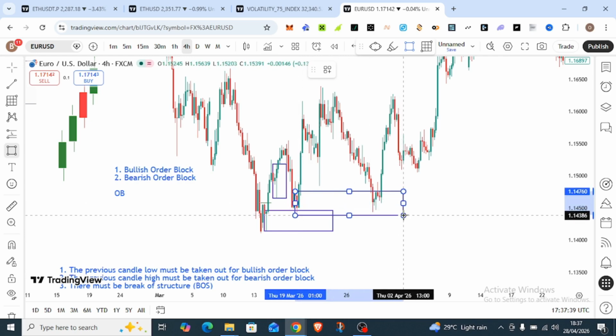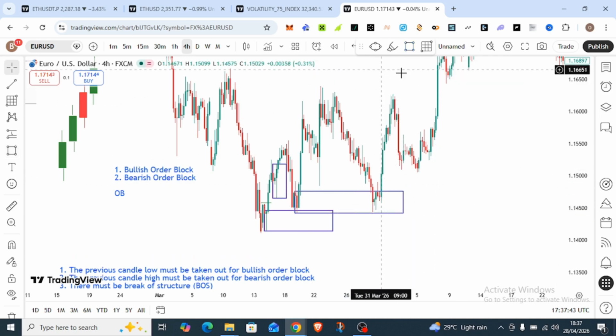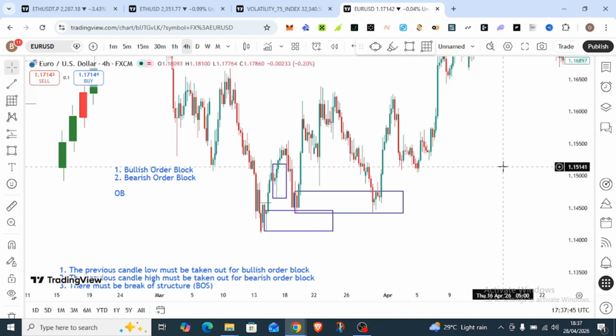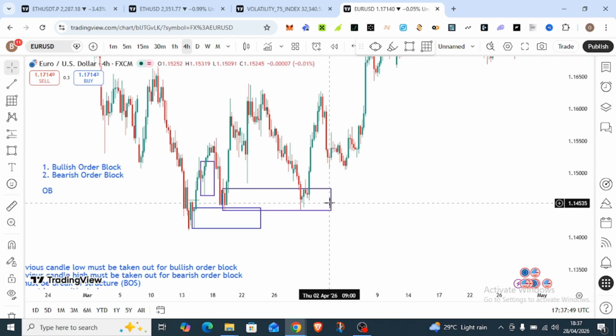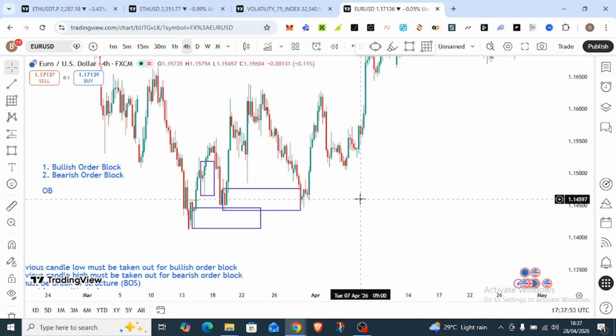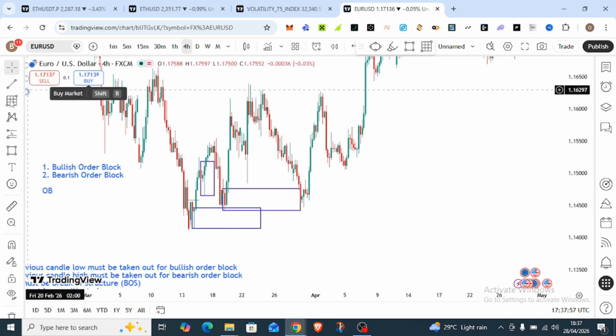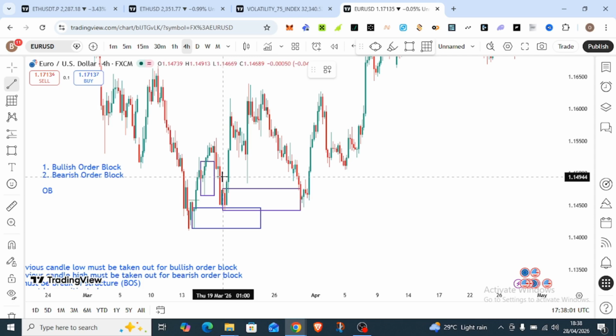As you can see, price came and retested this order block before making this move. There is another order block here. Since we have a break of structure here, let's mark out all of this. There's a break of structure here.